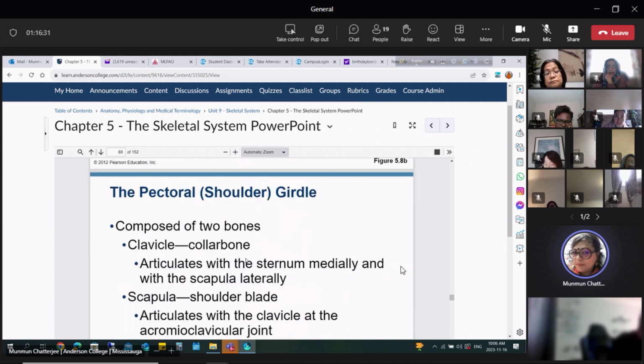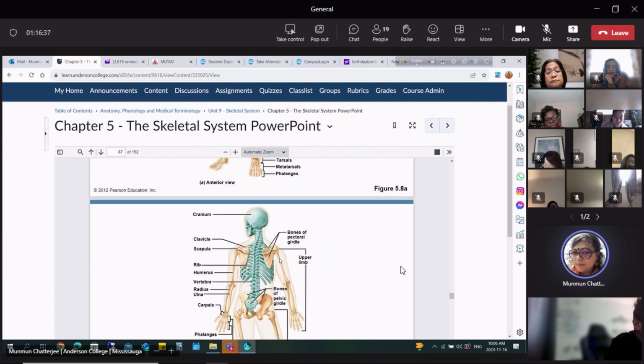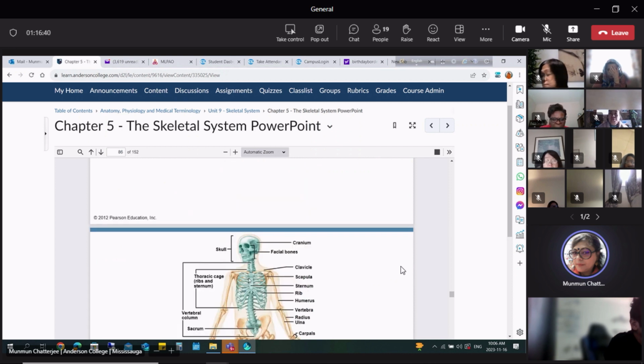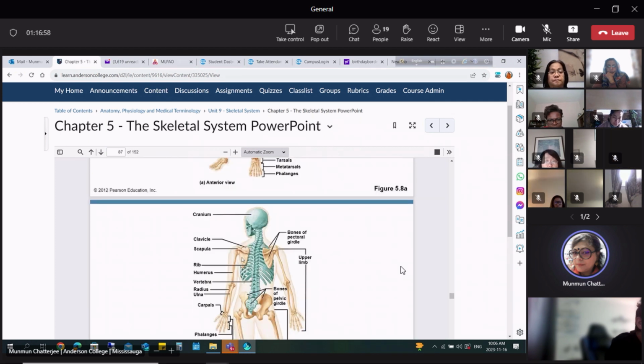It articulates with the sternum medially and with the scapula laterally. This is the sternum, and articulate means joining. Sorry, the collarbone is articulating with the sternum in the front, and in the back is articulating with the scapula. Here the scapula is articulating.